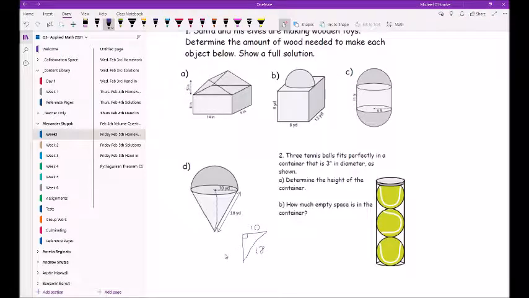We're trying to find this side. Can you tell me if I'm going to add my squares or if I'm going to minus my squares to find this little square? Am I going to add or minus? I'm trying to find the small square, so I'm going to minus.